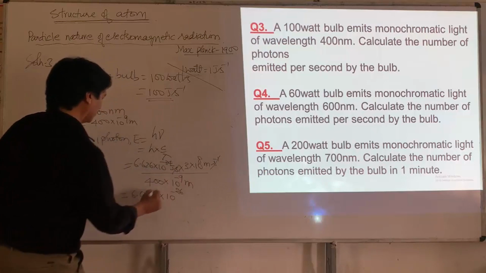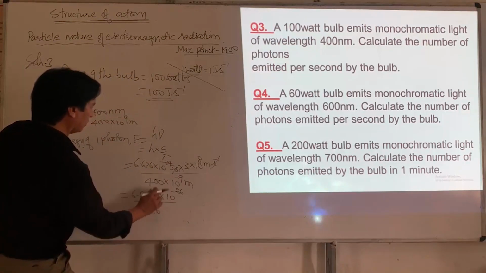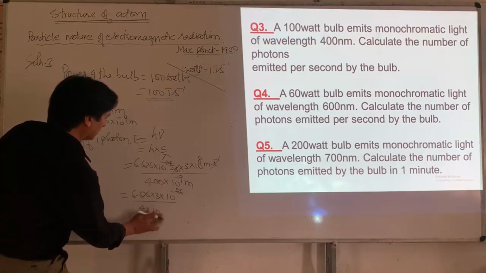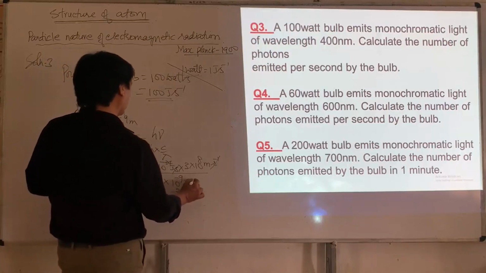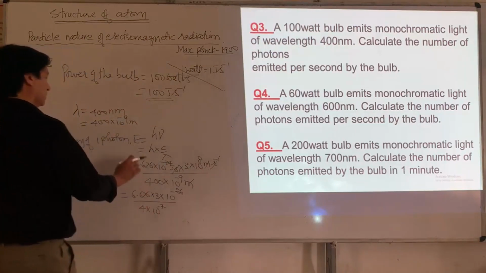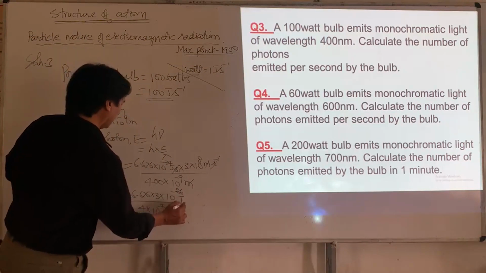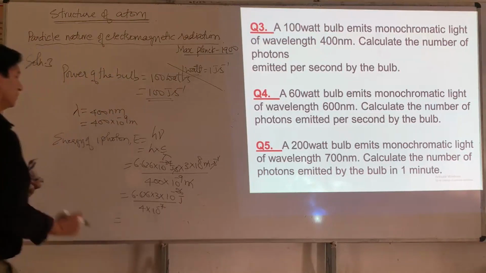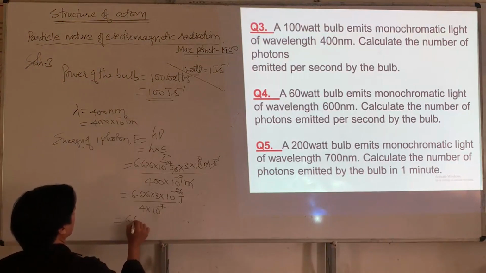Second per second get cancelled, and here I can write this as 4 into 10 raised to the power negative 7 meter, and meter again they get cancelled. So you are finally left with only joule as a unit here, and on simplification, this will go on top, it becomes positive 7.